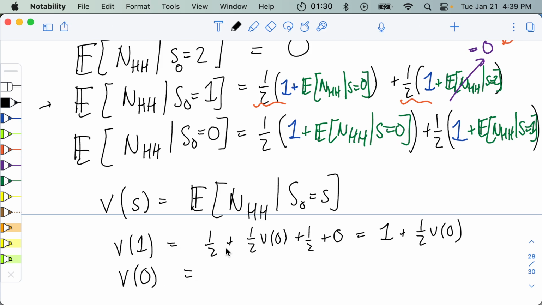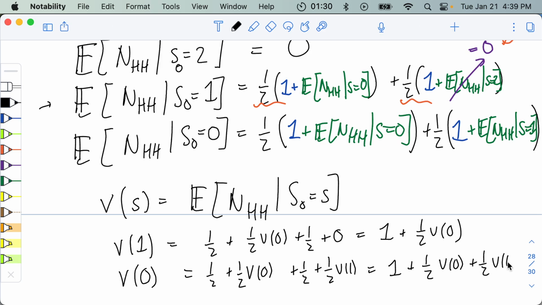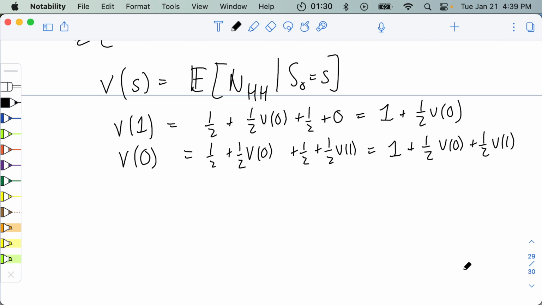Again, you have a half plus a half, so V of 0 is 1 plus 1/2 V of 0 plus 1/2 V of 1. Okay, great. Two equations with two unknowns, we should be able to solve it.